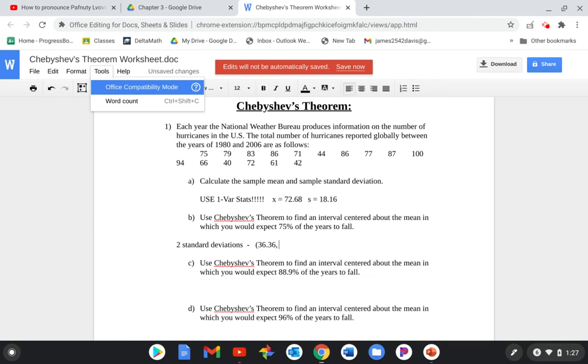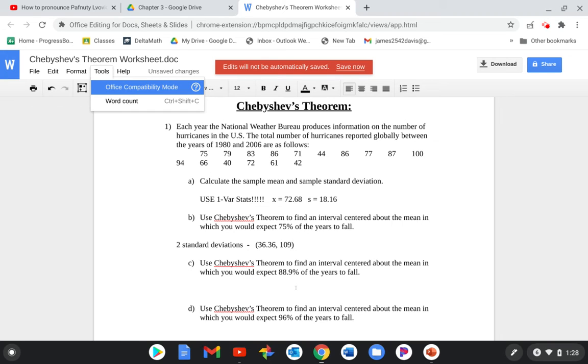Don't worry if you're rounding slightly different. It doesn't specifically say, so generally good to keep 2 decimal places. And then I want to add 2 standard deviations as well. So I start with my mean, 72.68 plus 2 times 18.16. And I get 109.